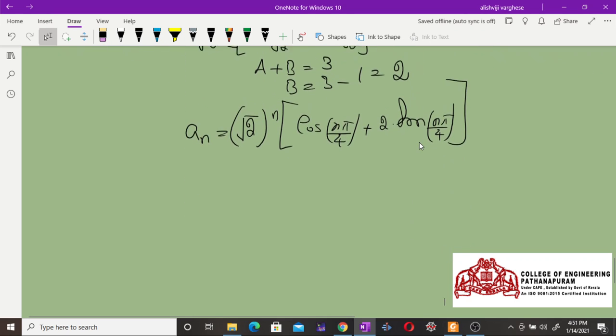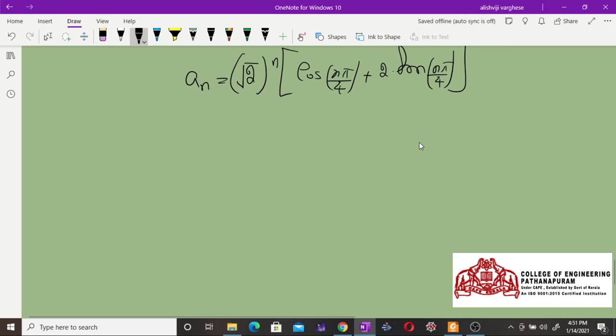Now, before moving further, let us examine the case of our Fibonacci series, which is F_n is equal to F_(n-1) plus F_(n-2), together with the initial conditions F_0 is equal to 0 and F_1 is equal to 1.